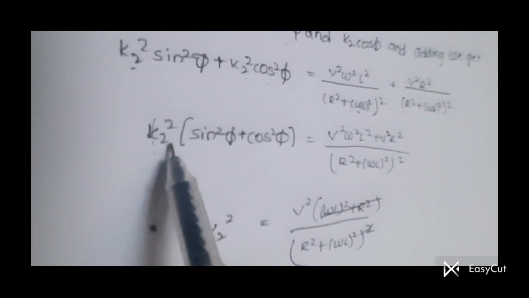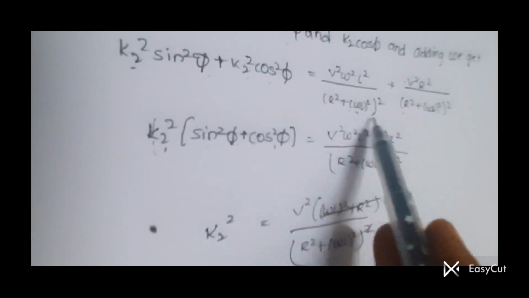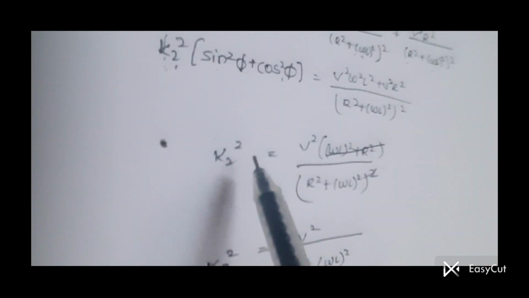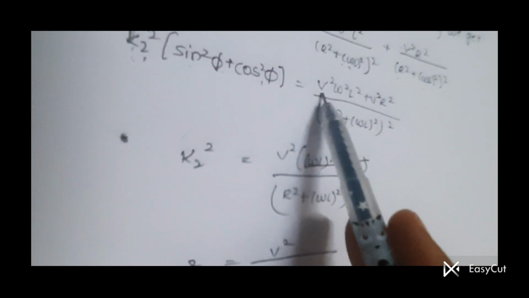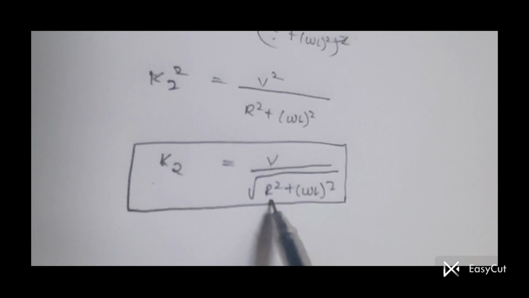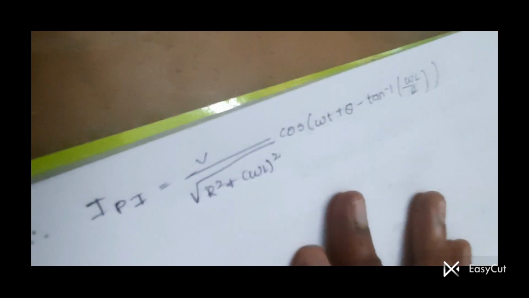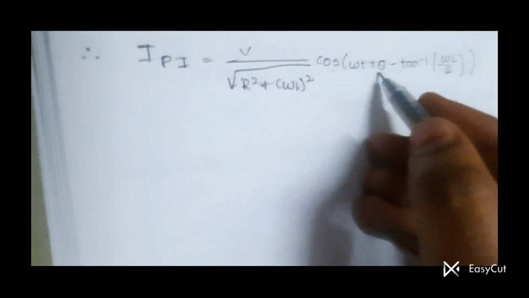Taking K2 square common, we get sin square phi plus cos square phi over the same denominator, and sin square phi plus cos square phi equals 1. Commoning the V square term and cancelling once, finally we get K2 equals V by under root R square plus omega L whole square. And finally, IPI equals V by under root R square plus omega L whole square into cos of omega t plus theta minus tan inverse of omega L by R.